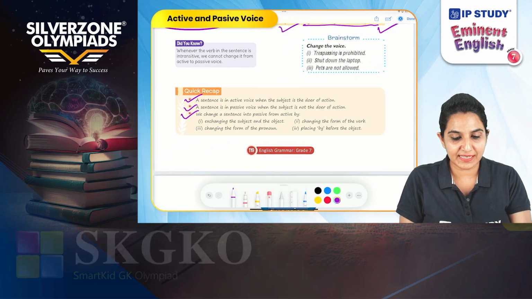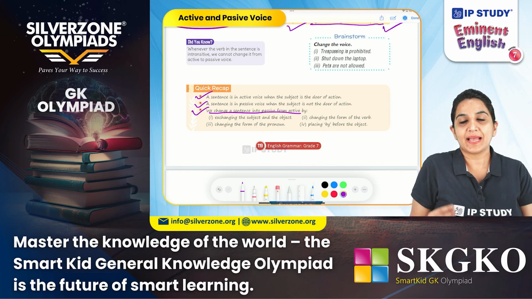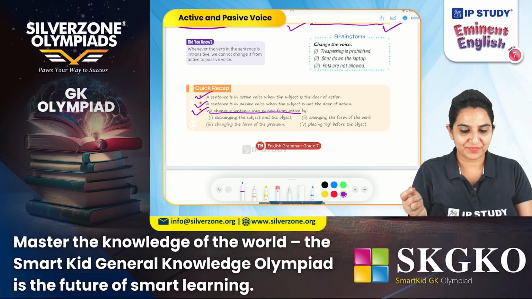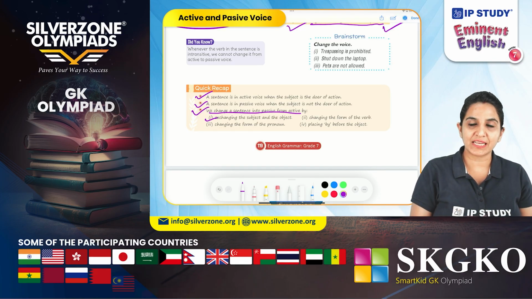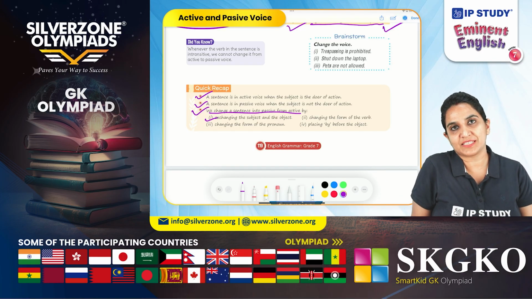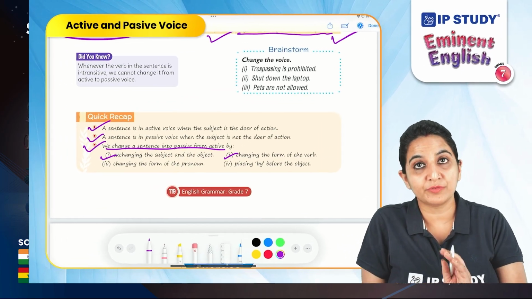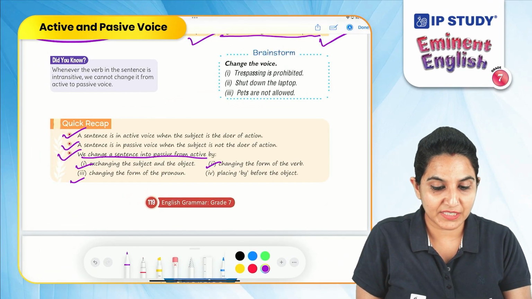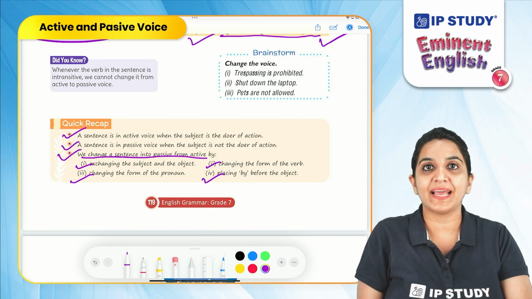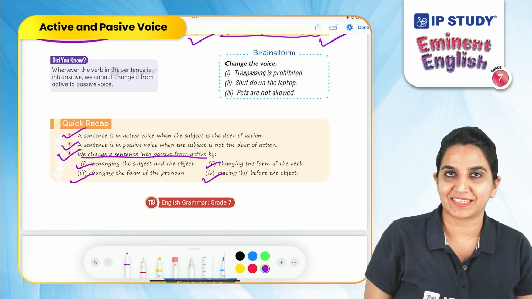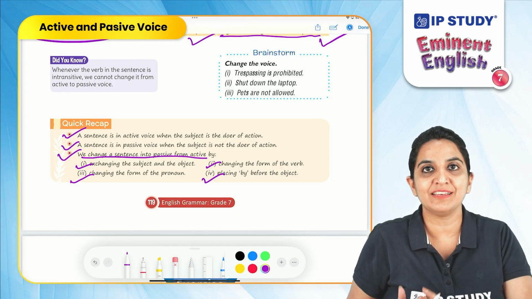We change a sentence from active into passive form by exchanging the subject and the object, by changing the form of the verb as well, by changing the form of the pronoun and placing by before the agent. This is how you change active voice into passive voice.